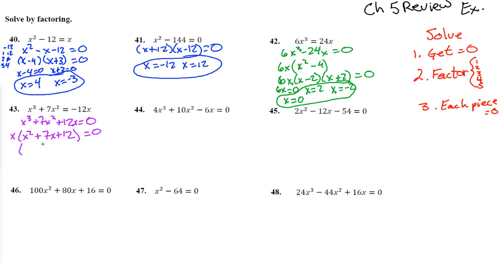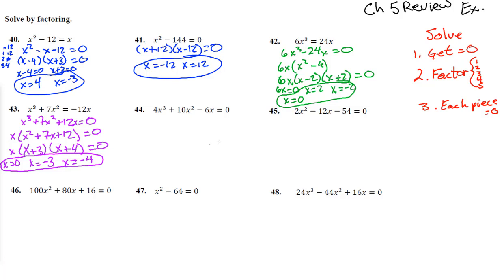This is a nice fast one. What times to 12 and adds to 7? Let's look at this 12 up here. A 3 and a 4. X plus 3, x plus 4. Don't forget that x out in front. And again, we have three pieces. We get x equals 0 as an answer, x equals a negative 3 when we do x plus 3 equals 0, and then x equals a negative 4. 0, negative 3, and negative 4. Again, three answers.